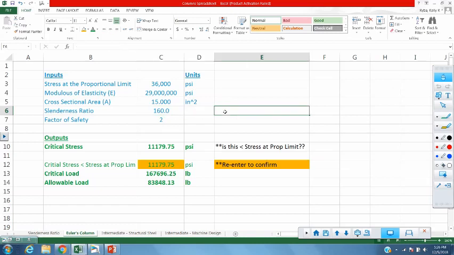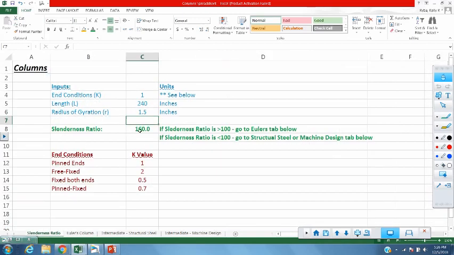So if I put it in another cell over here, I would type equal, apostrophe, slenderness ratio, the exact title of my sheet, then the apostrophe again, and then an exclamation point, C8. C8 is the cell that the slenderness ratio is on that slenderness ratio page. So you'll notice it's C and then 8 is that call out.